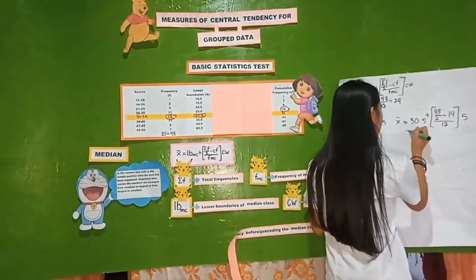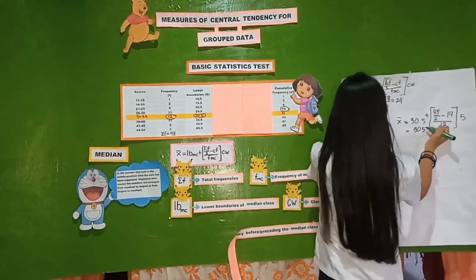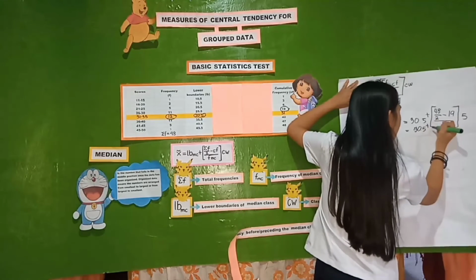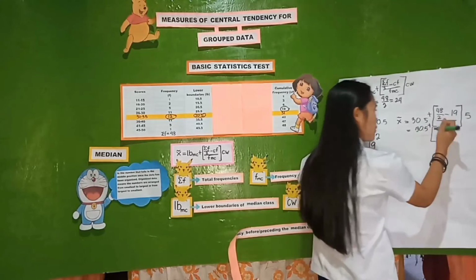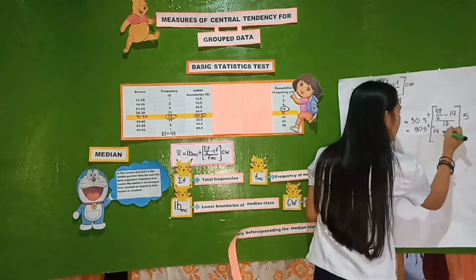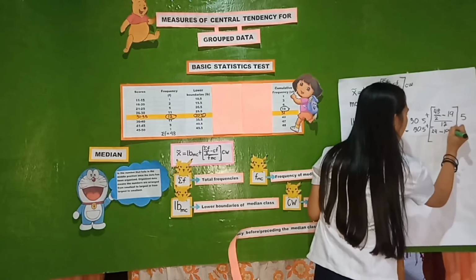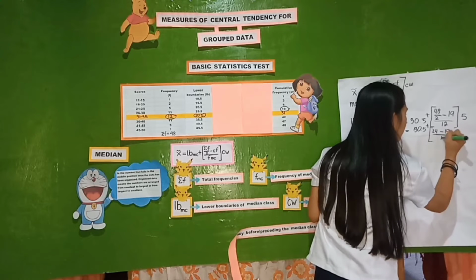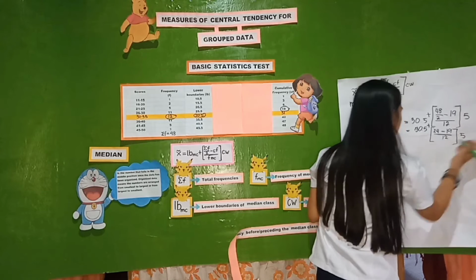So, copy 30.5 plus 48 divided by 2 equals 24 minus 19 over 12 times 5.